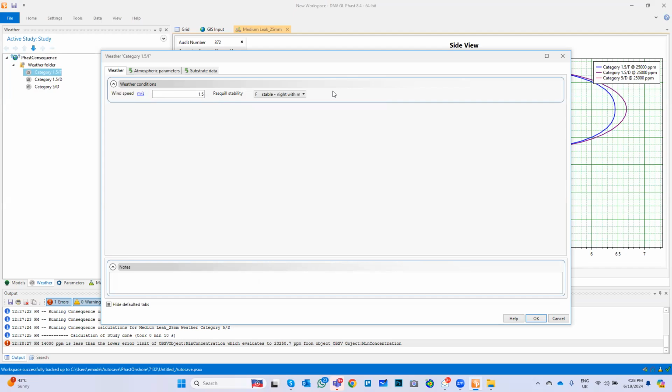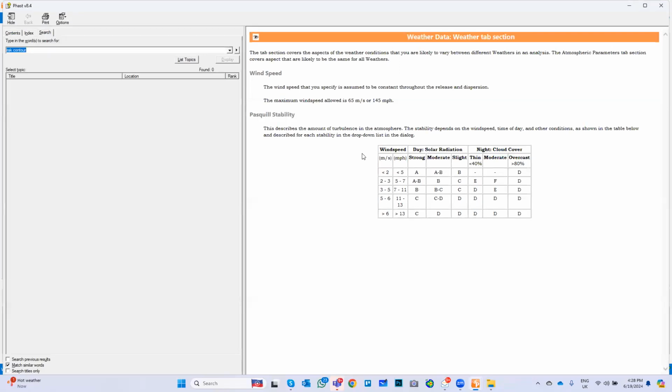For more explanation about each type and the meaning of it, when you go to the help, it will explain here these stability, wind speed, and the description of each and every one. So it is very high level good guidance how to use the stability factor.